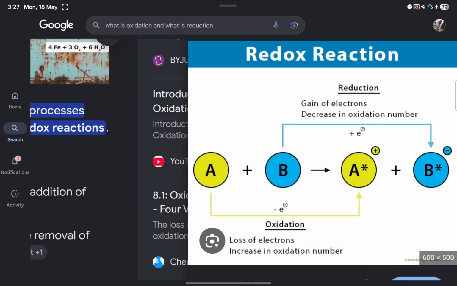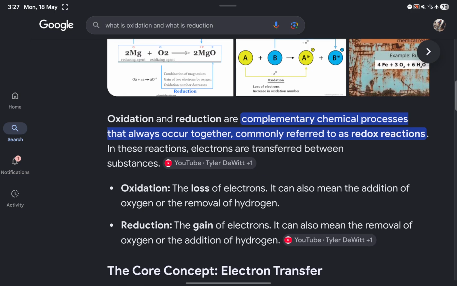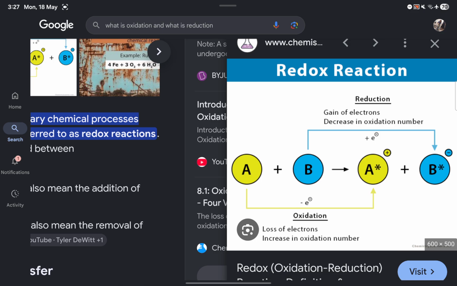Okay, so this is oxidation. Gain of electrons, I don't understand. Wait. Loss of electrons, removal of hydrogen. Increase in oxidation number, decrease in oxidation number. Wow, I'm so confused right now.